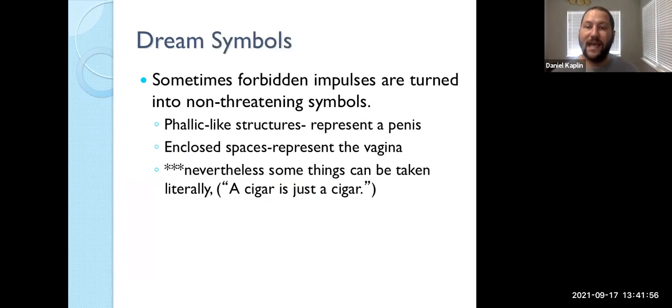Now, as I said, the forbidden impulses might be projected in dreams. So as I already described, the phallic-like structures and enclosed spaces are genital symbols. Now, Freud did say sometimes a cigar is just a cigar, which means that we don't always interpret things in a sexual nature.